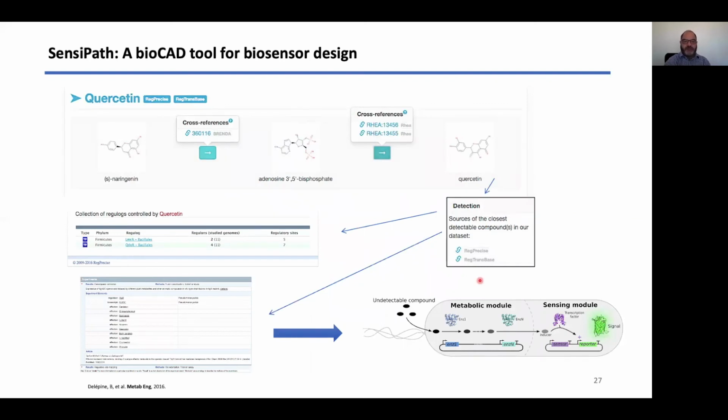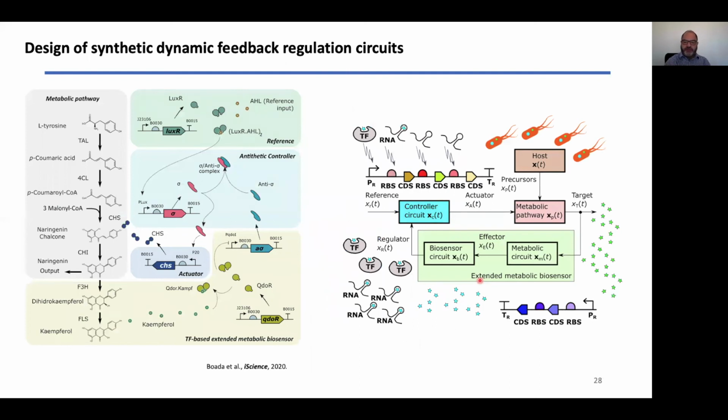The tool is called Sensipath, and it's available as an online tool. And recently we used it in order to build a full dynamic regulation system for a molecule, in this case naringenin, which is another flavonoid. The naringenin can be converted into some other molecule, which is kaempferol. And kaempferol is a molecule that can bind a transcription factor.